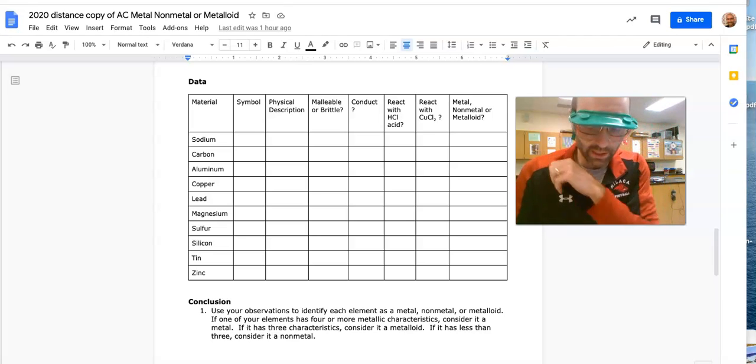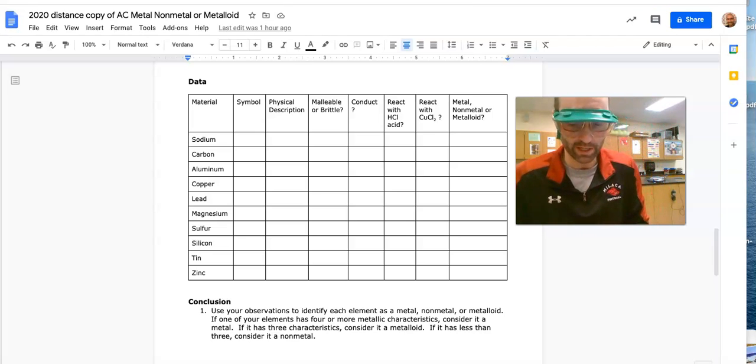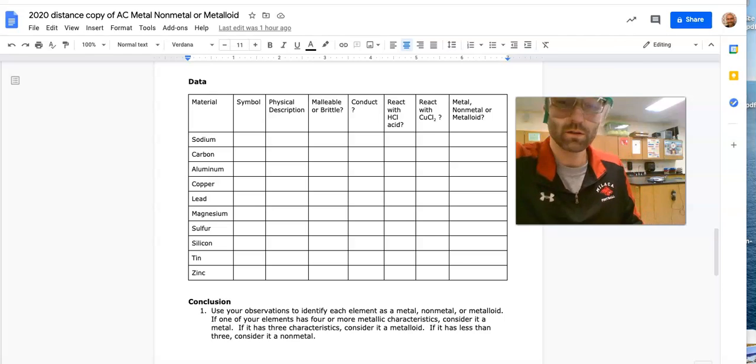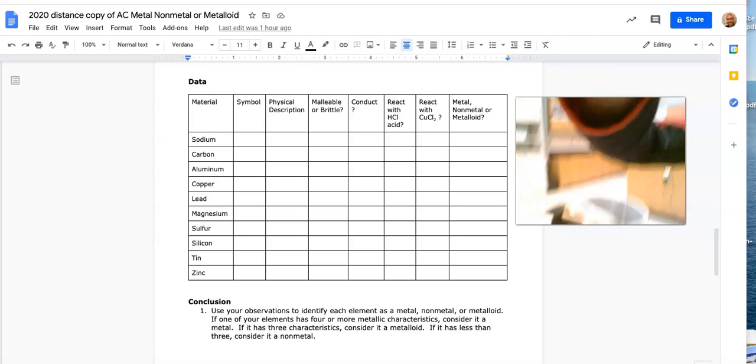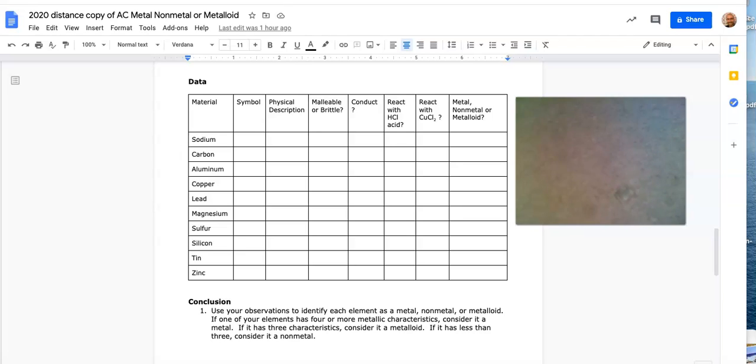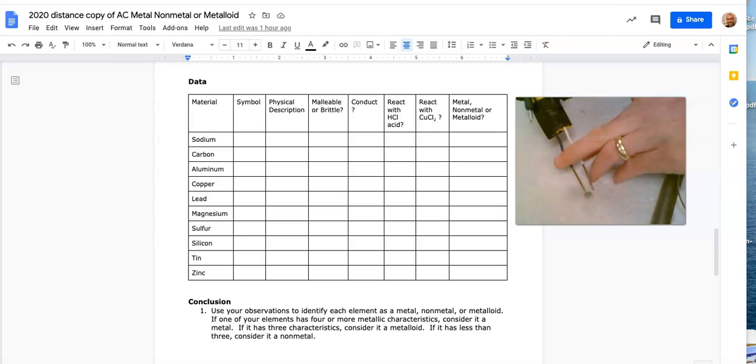Let's see if it's a conductor. I'm going to reflatten this back out. There's my chunk. Better back this up a little bit. And putting my conductivity tester on there.